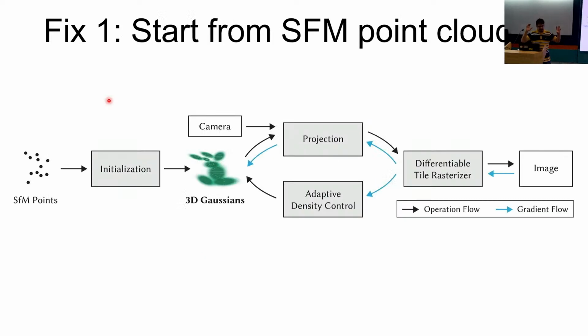Now you will initialize, because you can't just start your optimization process with nothing, right? You have to initialize the points. So you will initialize 3D Gaussians at these SFM points. The means will be the locations of those points, and you can randomly assume the rotation, scales, opacity, all such things.